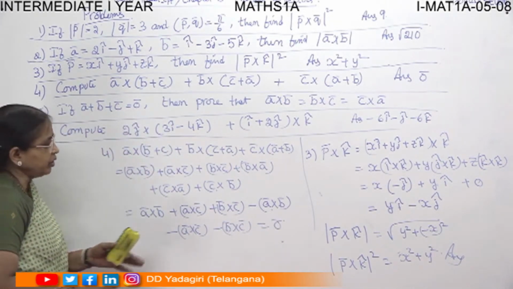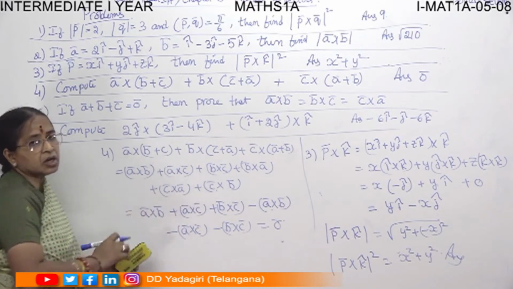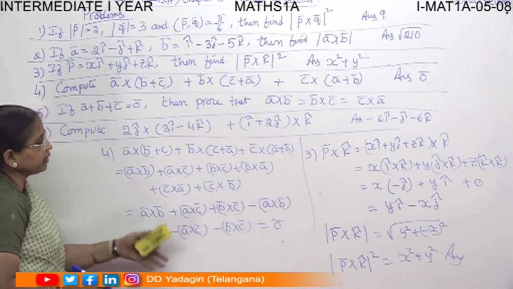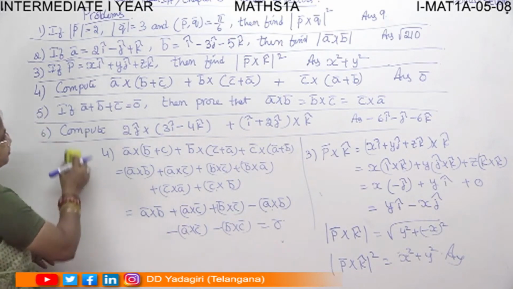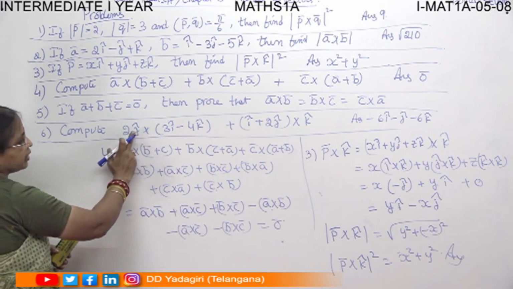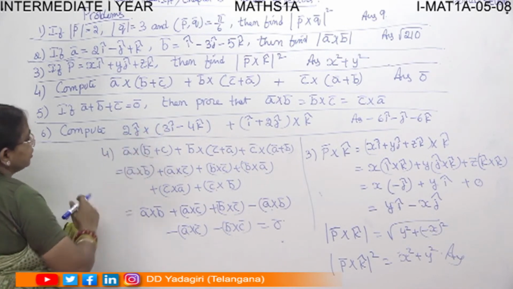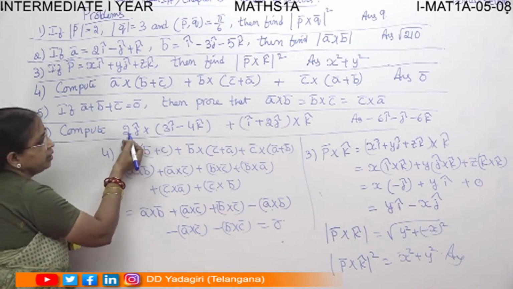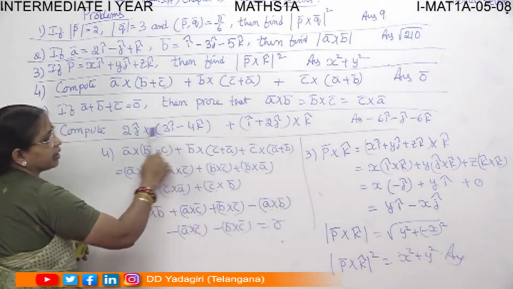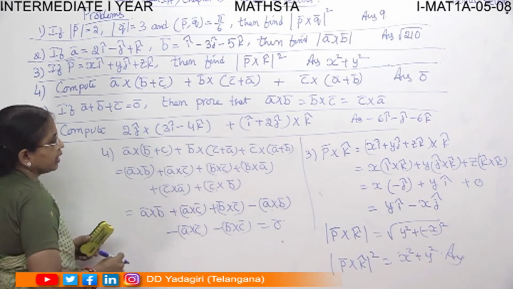So when you interchange any two vectors in the cross product, you should change the sign. So you are changing the sign, simplifying, and getting the value as 0. Now the fifth problem is similar to this. This you can try. For the sixth problem, you can just try 2 into 3, term by term, like how we did here. In the same way, you can simplify and you can get the answer.